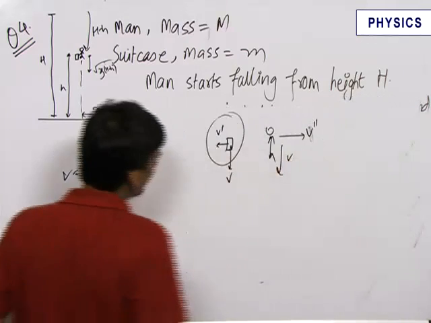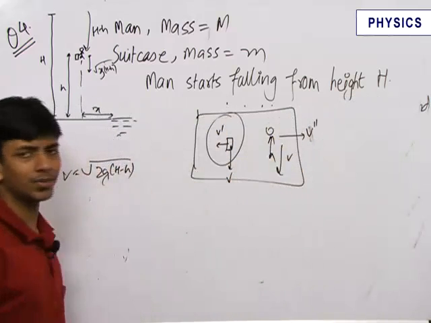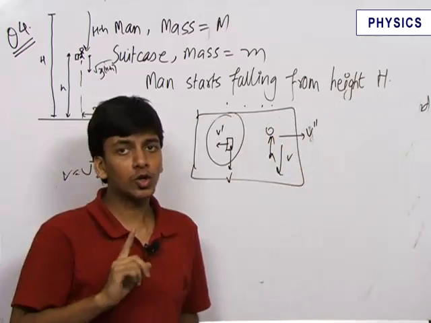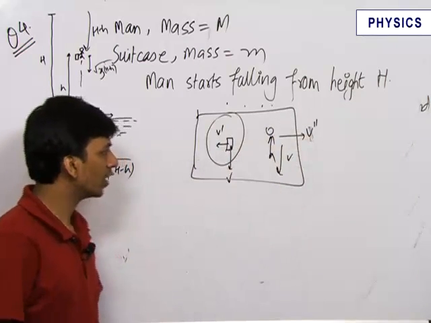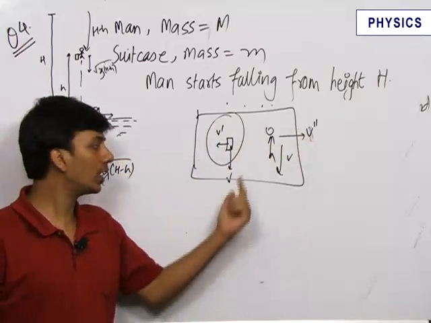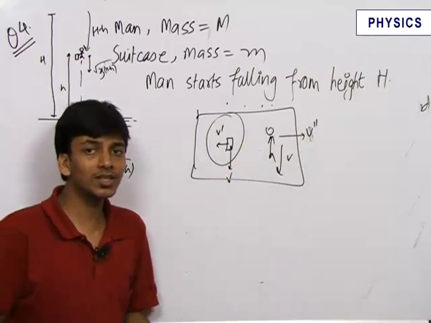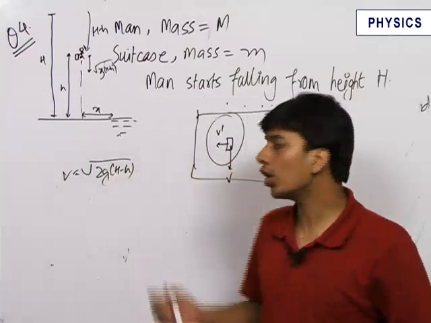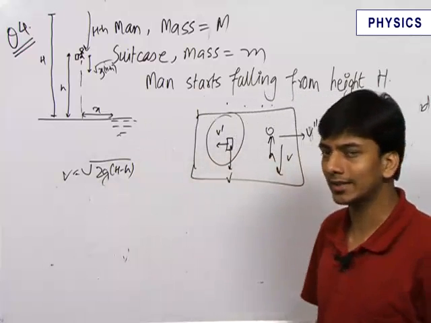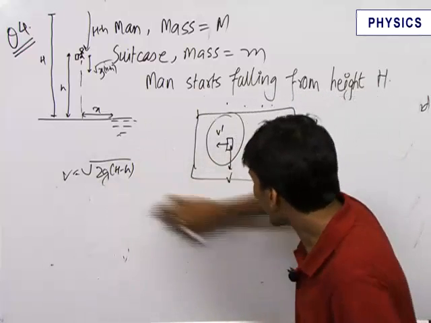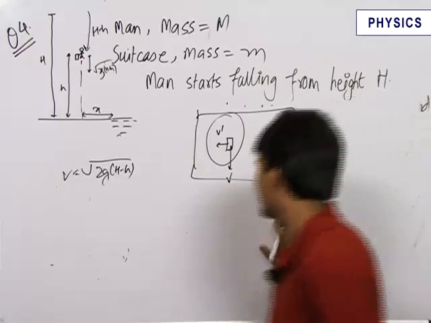This has to happen because when we consider this system of man and bag, there was no force acting on this system in the horizontal direction, due to which the momentum of the system of bag and man in the horizontal direction should remain conserved, because momentum in the horizontal direction can change only due to a force in the horizontal direction. So because of a lack of force in the horizontal direction, we can conserve the momentum of these two objects.